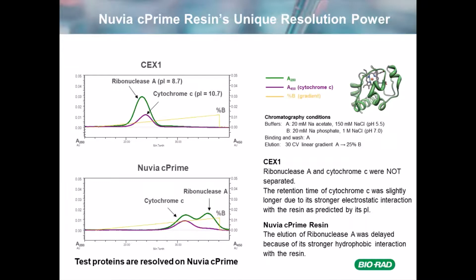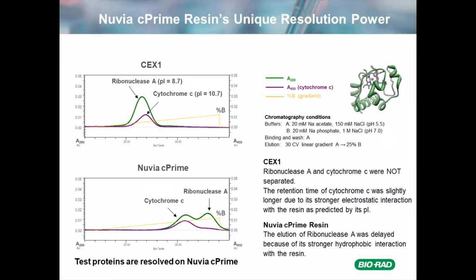in a 30 CV gradient, we did not see the separation of these two proteins. However, using the characteristic absorption of cytochrome C at 450 nanometers, we can tell actually cytochrome C is retained by the CEX stronger, which is not a surprise because it's more basic. What if we apply this pair of proteins on Nuvia C Prime?